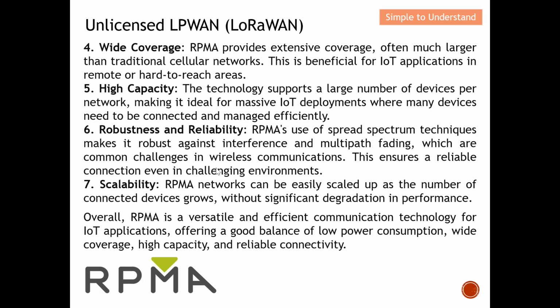This ensures a reliable connection even in challenging environments. Scalability: an RPMA network can be easily scaled up or scaled down as the number of connected devices grows or declines, without significantly degrading performance.